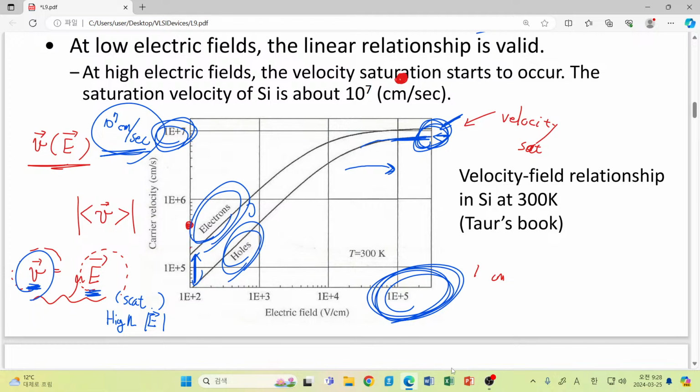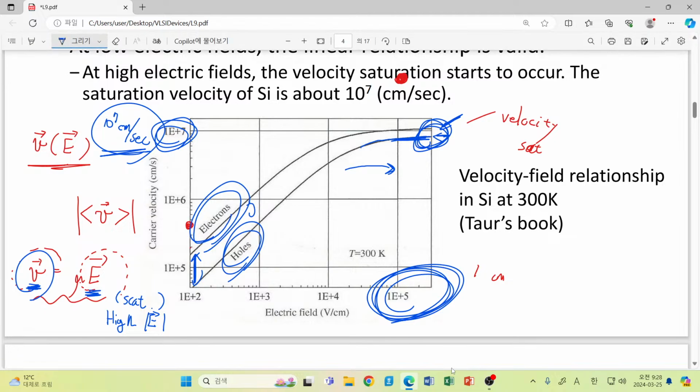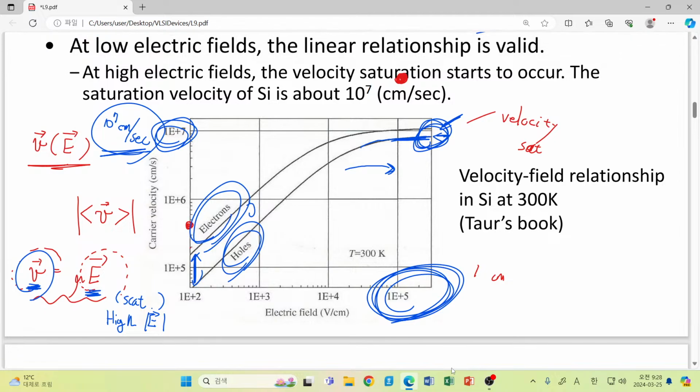So, of course, mobility is one of the most important quantities. In order to quantify the electrical property of a certain material, we should be very careful about mobility. However, once that is passed, okay, this material has a somewhat desirable mobility value, then the next thing we have to consider is what happens if we accelerate it further.